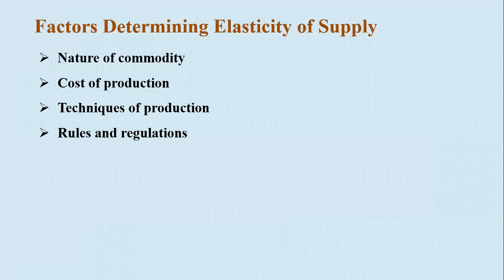Rules and regulations, agar if the government is strictening the rules and regulations regarding one particular production of a commodity. So in such a scenario, elasticity of supply will be less elastic.